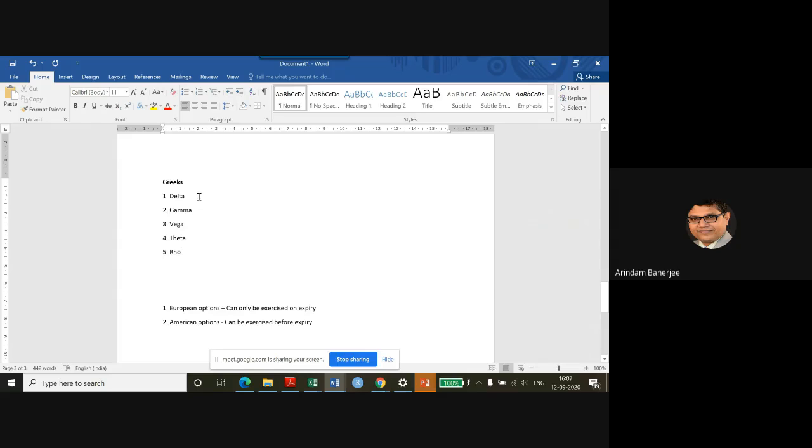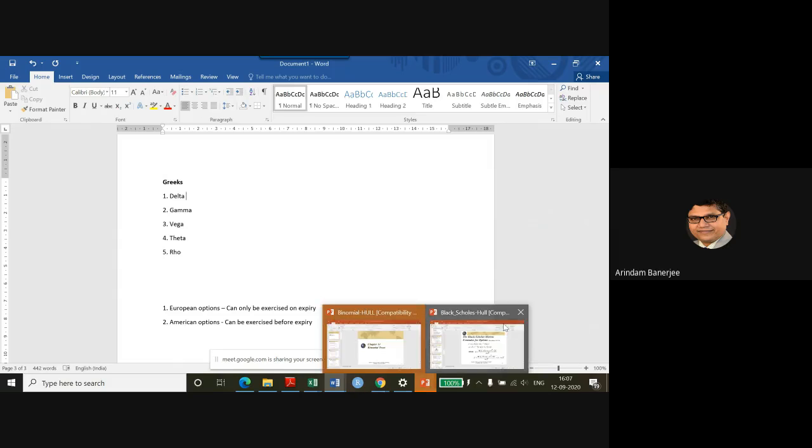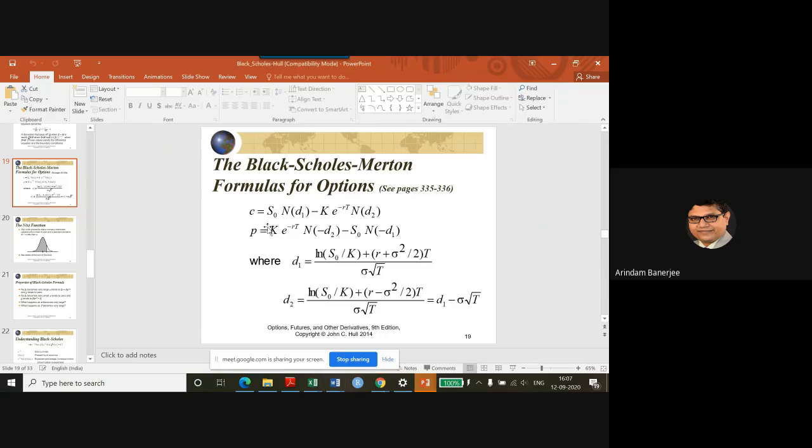So delta is the change in price of option due to change in underlying stock price. If I look at this formula, S naught, if S naught changes, the C will change.